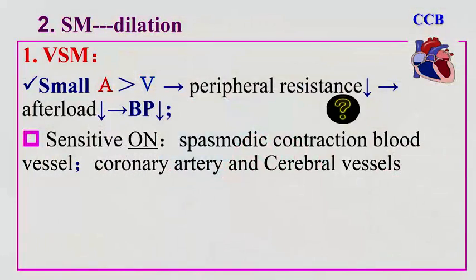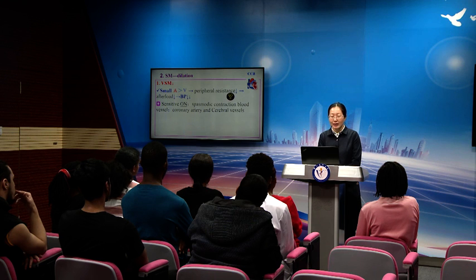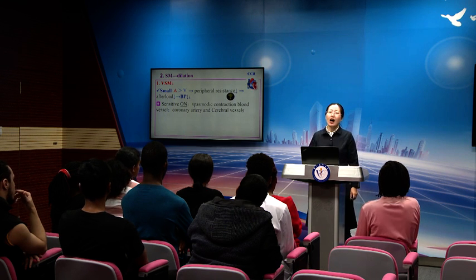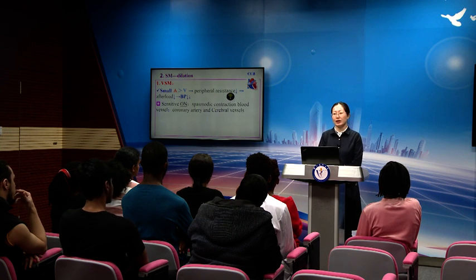In the other form, we don't know the reason why they suddenly have pain. It is because their coronary vessels suddenly spasm. For this reason, calcium channel blockers, with higher sensitivity on spasmodic contracting blood vessels, can be used to treat this kind of variant angina. Understand? Okay. They also have higher sensitivity on coronary artery and cerebral vessels.